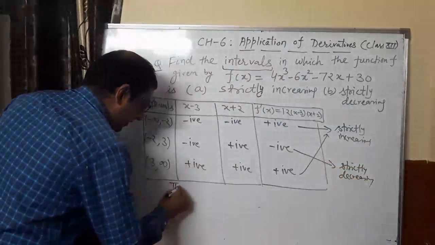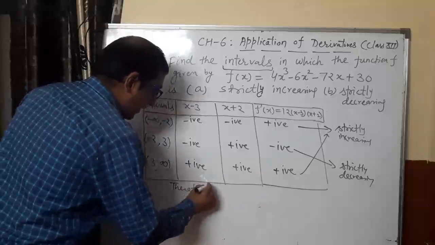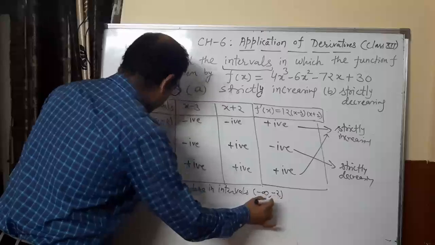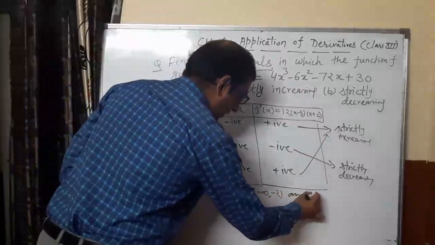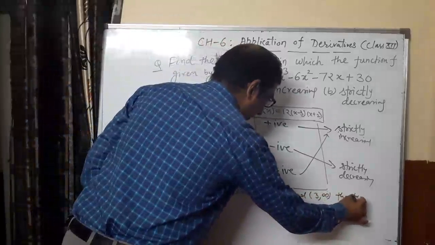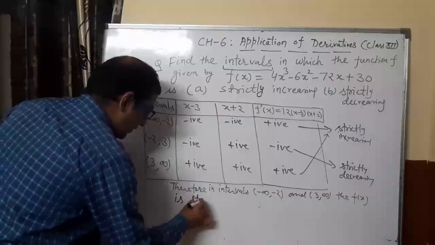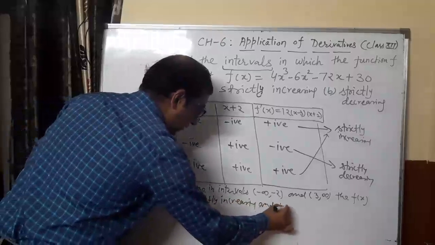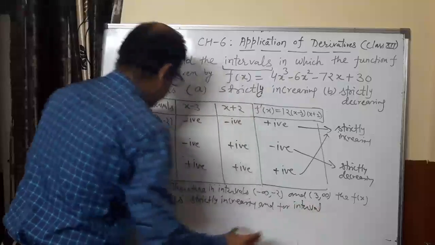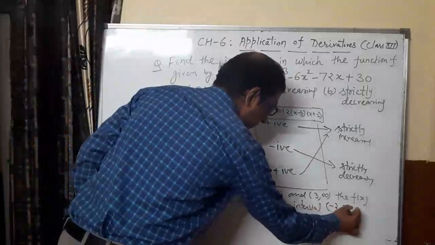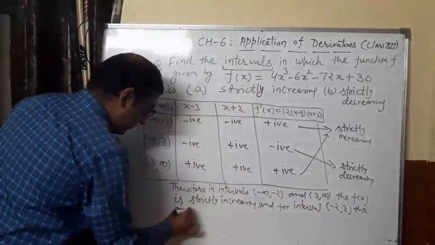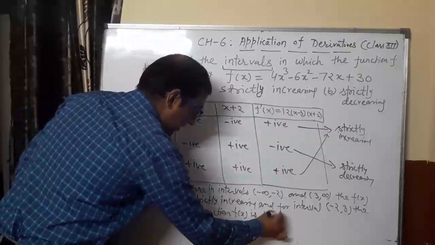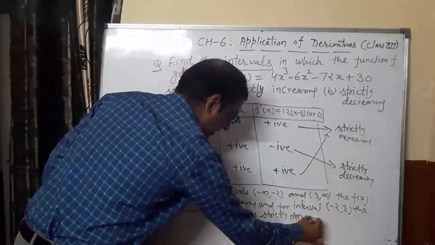At last we can say, therefore, in the intervals minus infinity to minus 2 and 3 comma infinity, f(x) is strictly increasing, and for the interval minus 2 to 3, the given function f(x) is strictly decreasing.